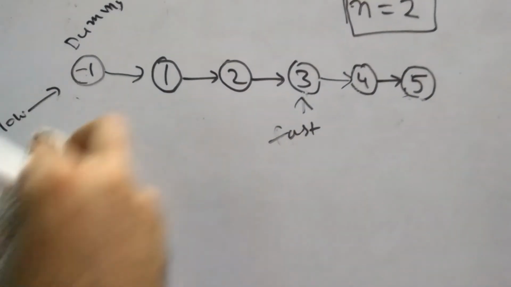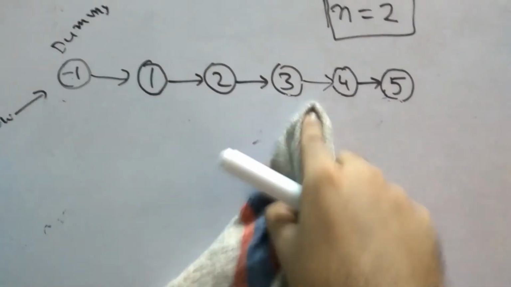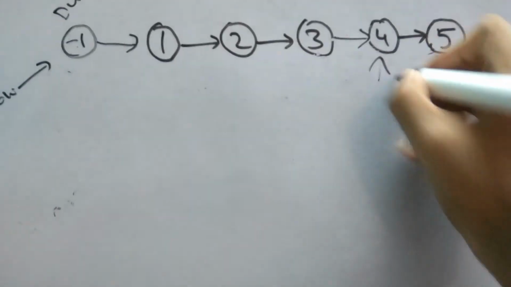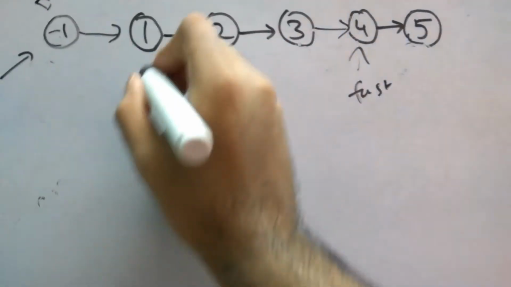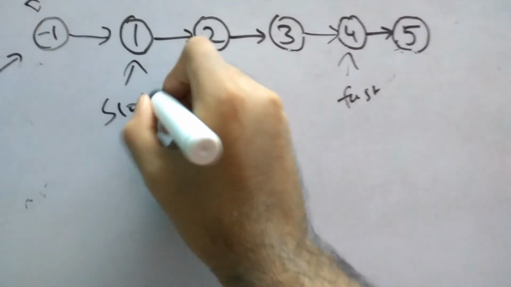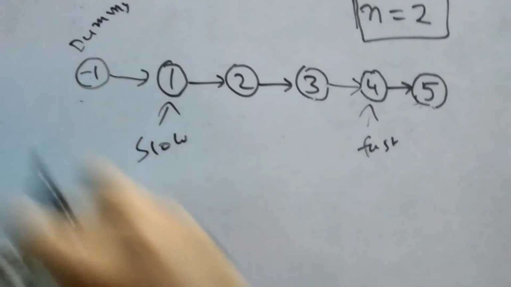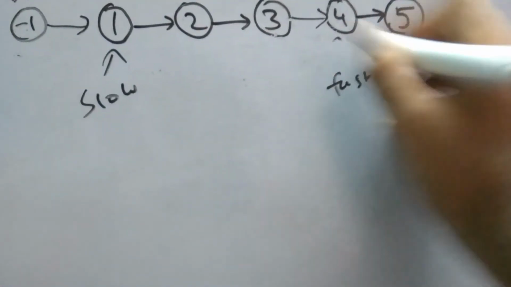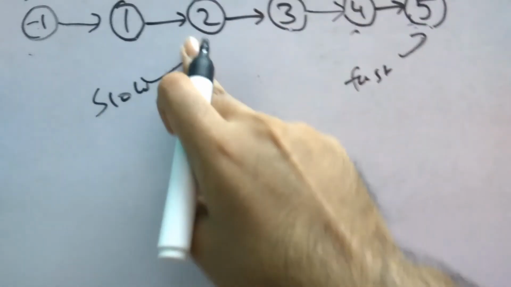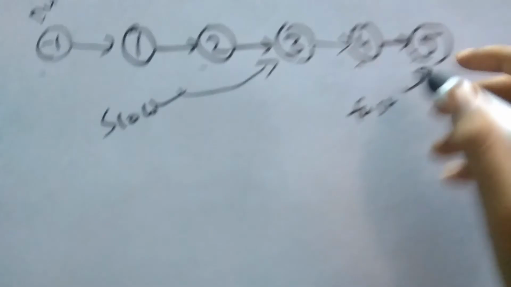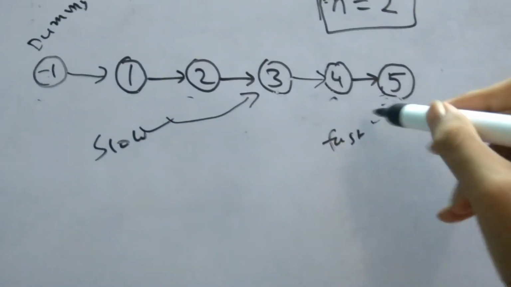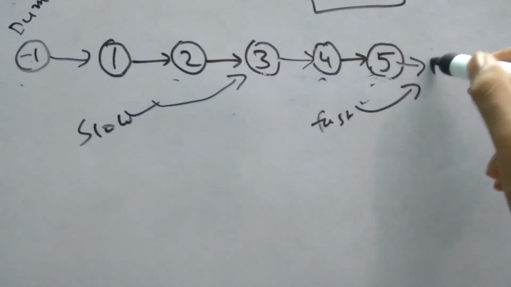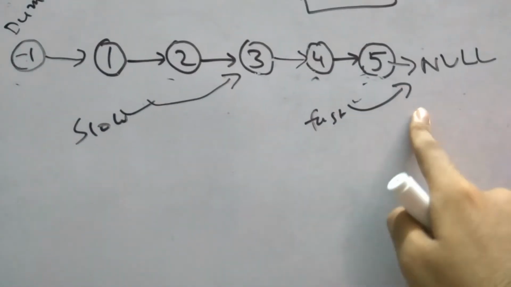Now after doing this, if we increment the first pointer by one value, let's say first will be here and slow will be here. After that, fast will be incremented again and slow will be incremented, and after that slow will point over here, and fast will point to null, because it is the end of the linked list.